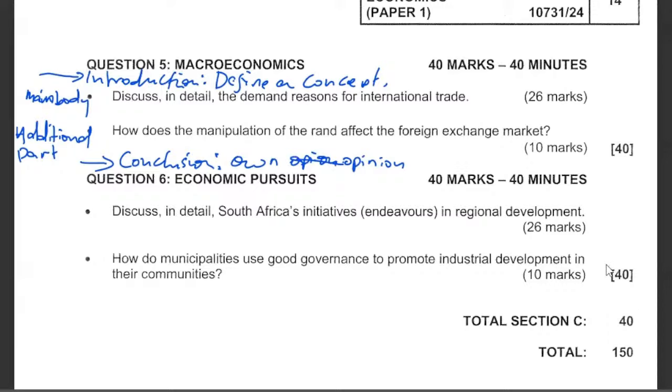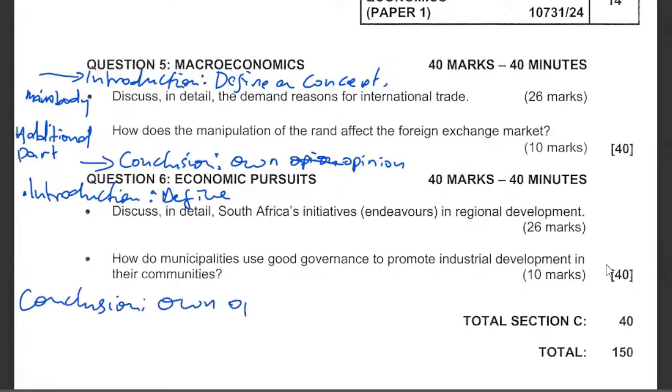Okay, right, grade 12. So now let's move on to question 6. In the same manner, you must introduce the heading of introduction. Under introduction, you are expected to define, and also give a conclusion where you give your own opinion, or even if you don't give your own opinion, make sure that you understand the concept.